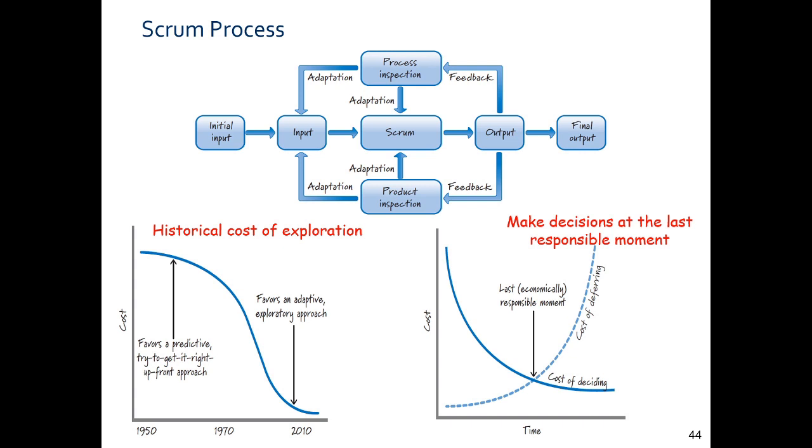So just see the explorations. The cost has been going up with the cost of delay growing, and an adaptive or exploratory approach declines the cost. So cost sensitiveness is another factor with the Scrum.